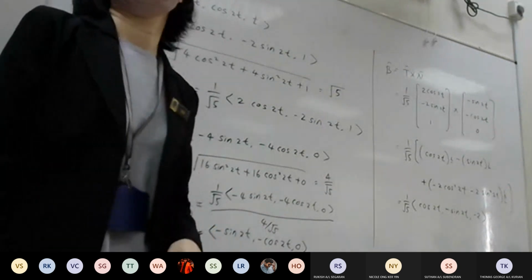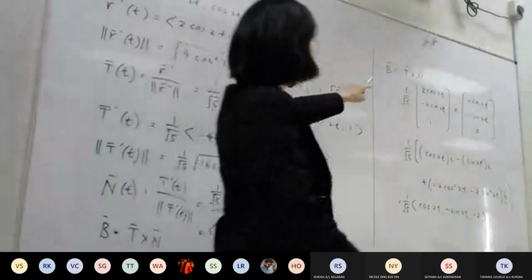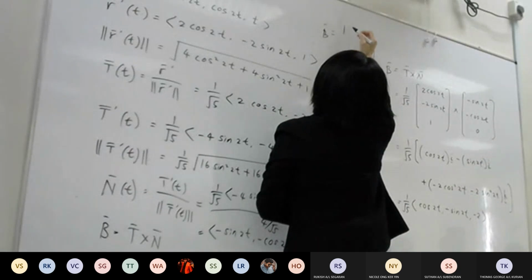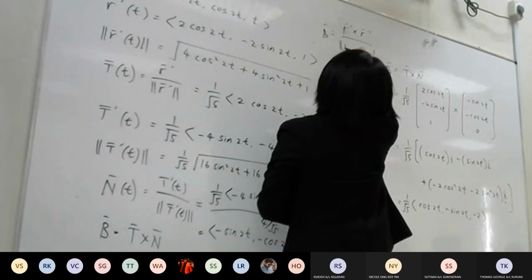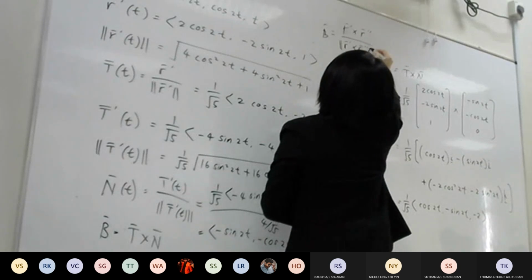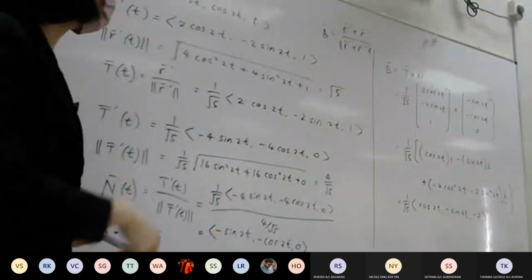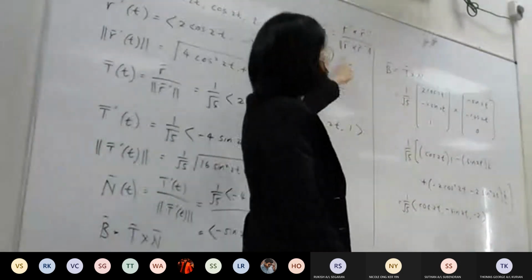Number 2, you can choose either to use this formula or another formula, which is R prime cross R double prime divided by the magnitude. Let's try the second formula for number 2.